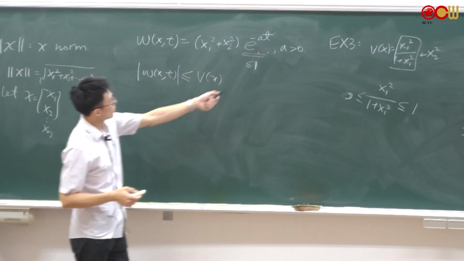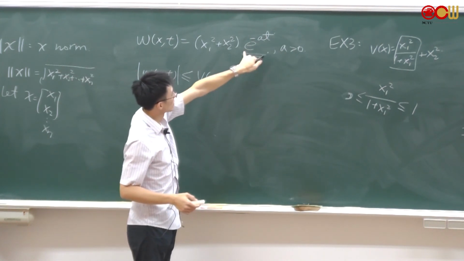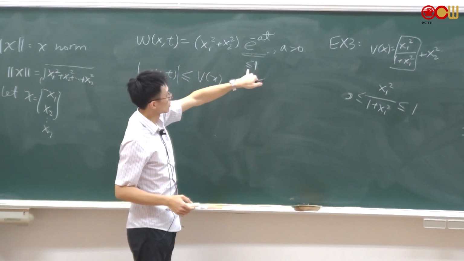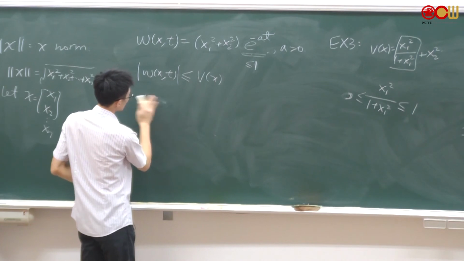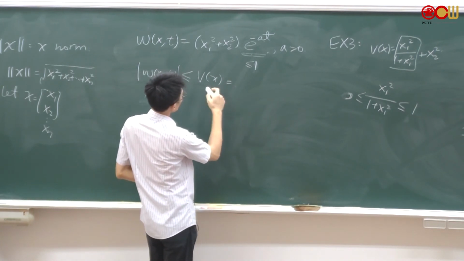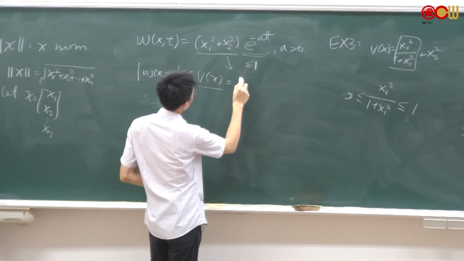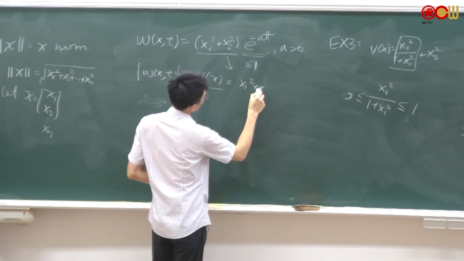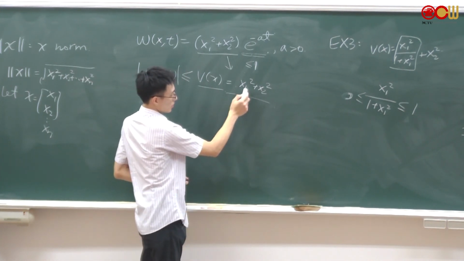When t is 0, this term is 1. And for t greater than 0, this term is smaller than 1. So it implies this condition, where x, you can find V, which is this. It doesn't depend on time, and it's a PD function.